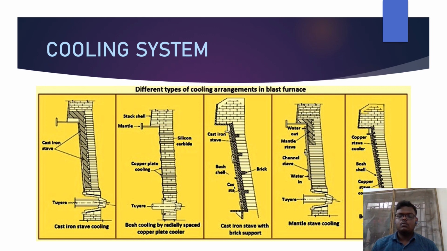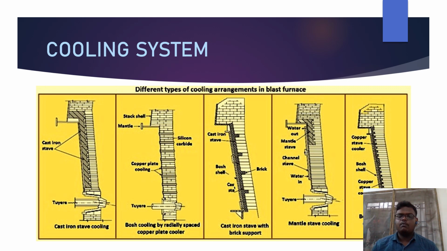A stave is a cooling device having one or more internal water channels and is installed in numbers on the inner surface of the blast furnace to protect its steel shell from the high temperature gas and molten burden material in the furnace and maintain the profile inside the furnace.